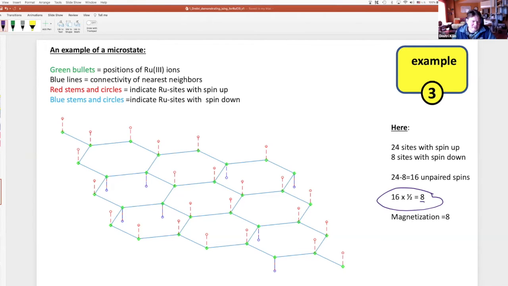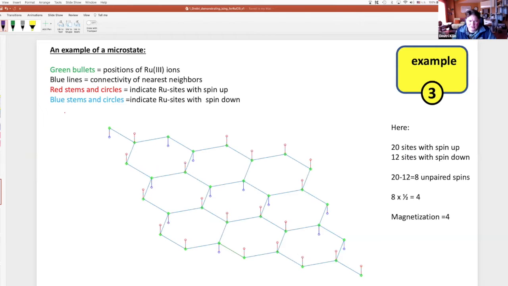And in similar examples, if one tries to repeat this random selection, one can get different values of magnetization by imbalance of up and down spins.